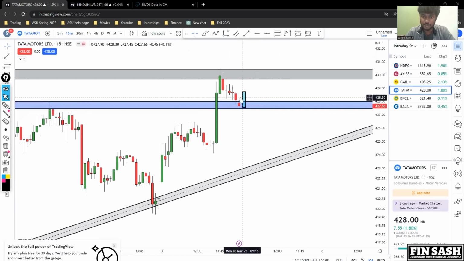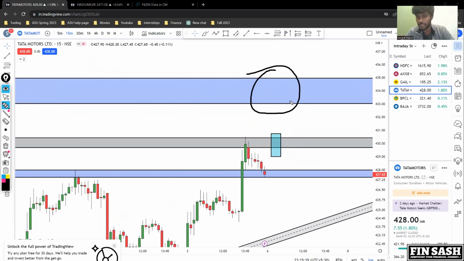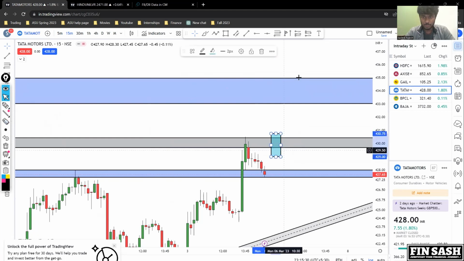And then if it gives a closing above this zone, you can add your second quantity here, and this could be your target. So this is a big target, so make sure you use pivot points to see where the appropriate levels are. So that was for Tata Motors.